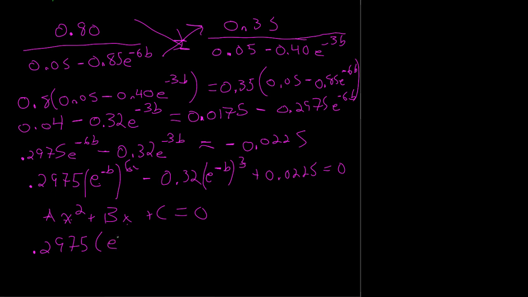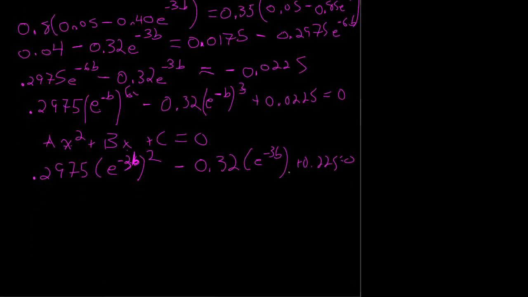I can say e to the negative 3b, squared, minus 0.32 e to the negative 3b plus 0.0225 equals 0. That's my quadratic form.